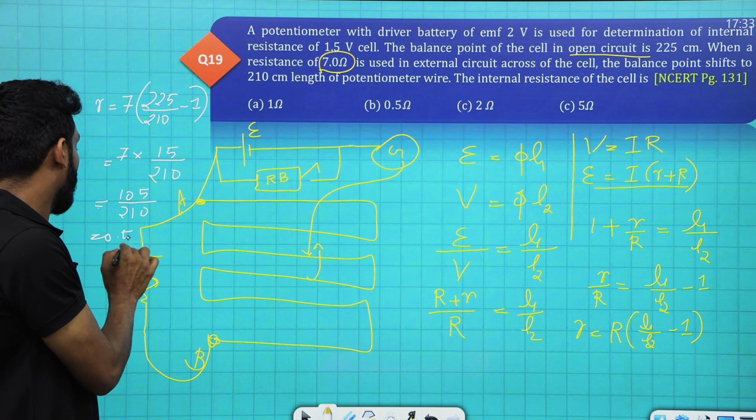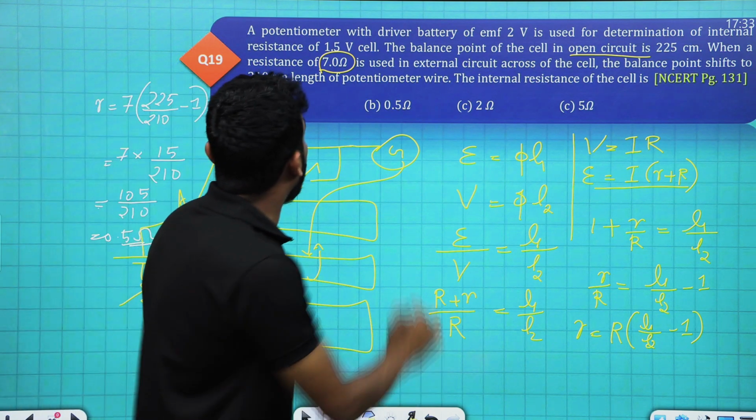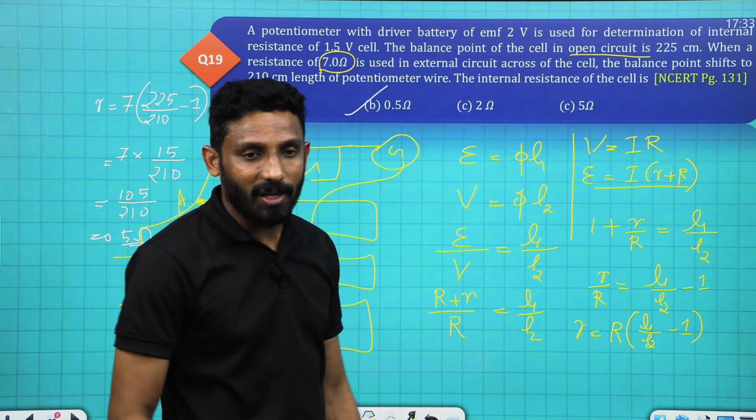So 0.5 ohm is the internal resistance of the given cell.